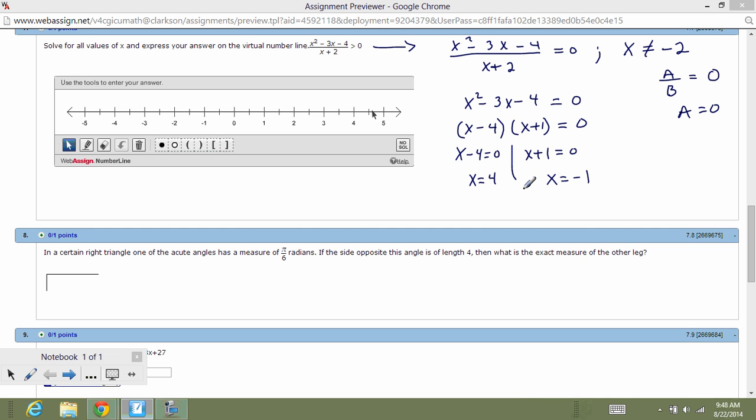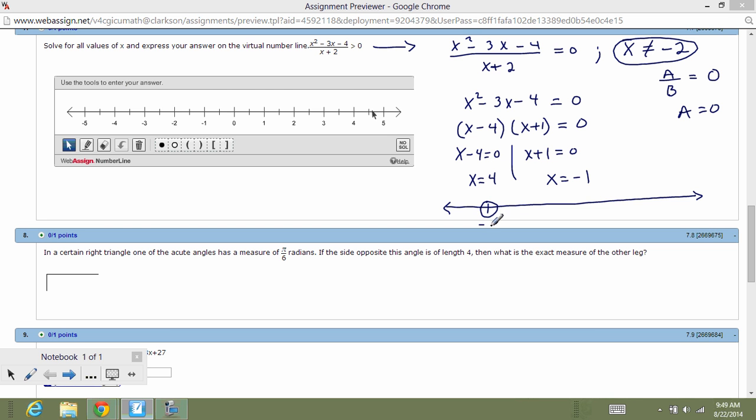Now, from that point, all should be well. We want to put those numbers in numerical order. Be sure you get them in numerical order. And we also want to be remembering that we have this x not equaling -2 that needs to be expressed and needs to be dealt with.